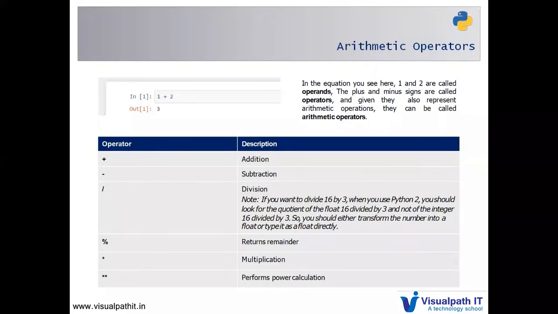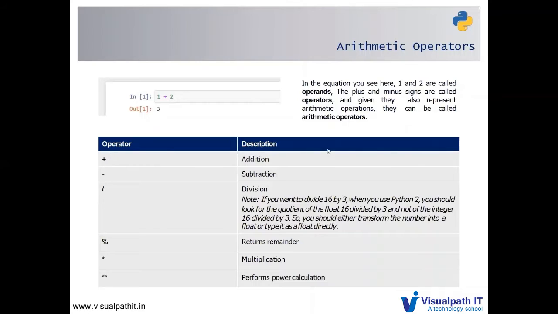We'll look at what an arithmetic operator is. Given this example, 1 plus 2, 1 and 2 are called operands. The plus and minus are called operators, and given that they represent arithmetic operations, such as addition, they are called arithmetic operators.